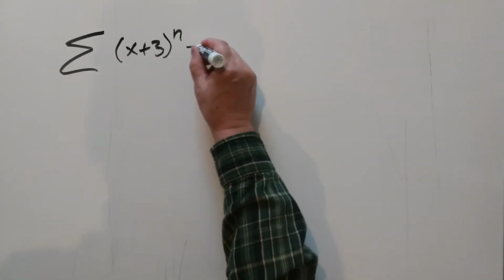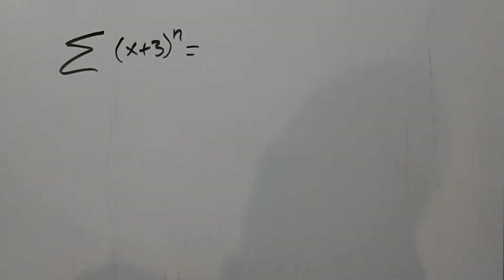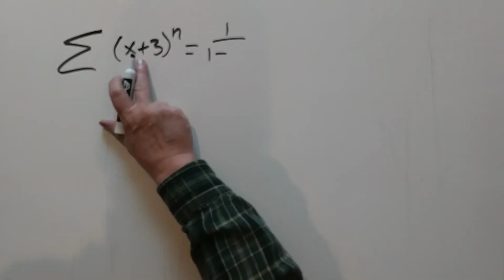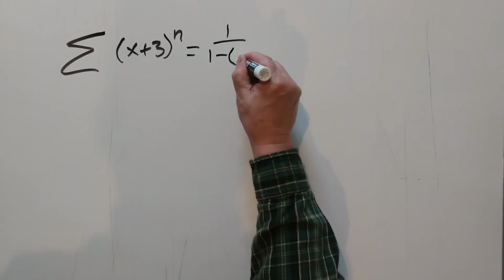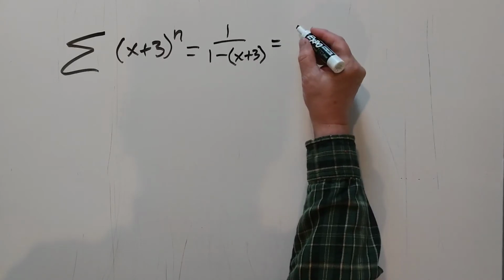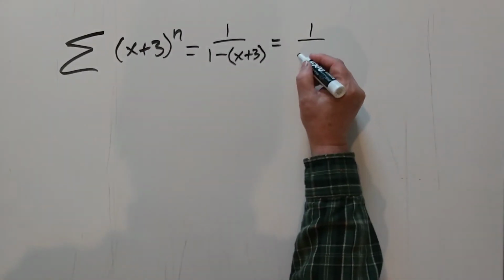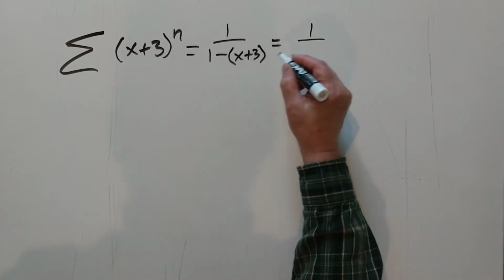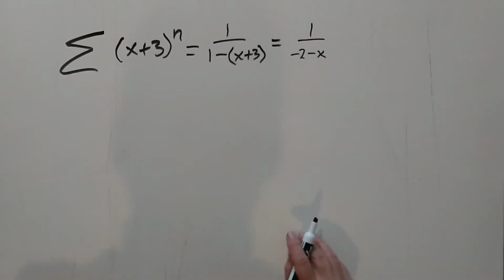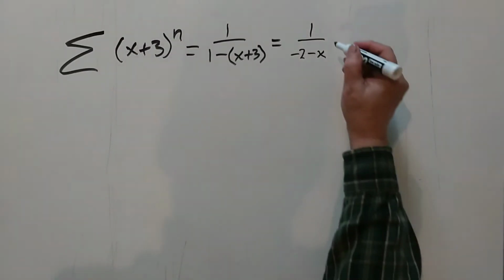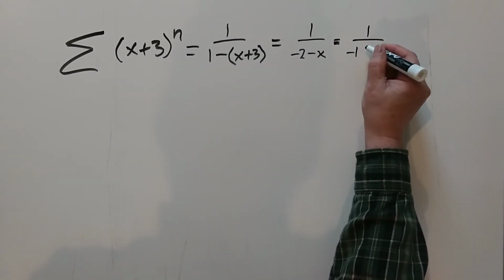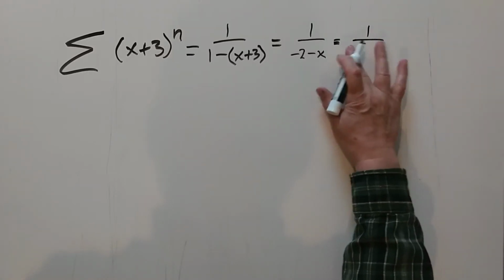So that would equal, if it's going to converge, 1 over 1 minus, and now the x is x plus 3, which simplifies to 1 over negative 2 minus x. Well, we'll just leave it as this.